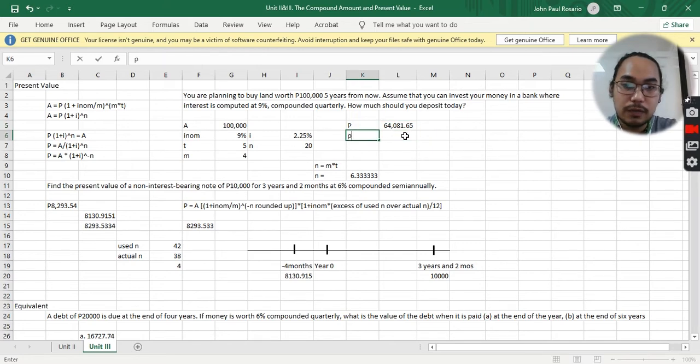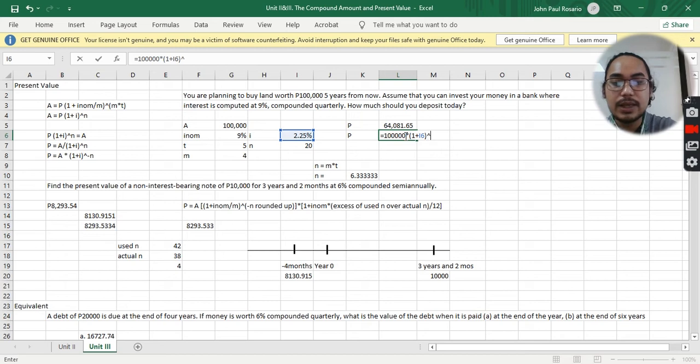Or you may also solve it this way. P can also be solved as 100,000, and then we multiply that by 1 plus our i, and we raise that to our negative n. That should give you the same amount.